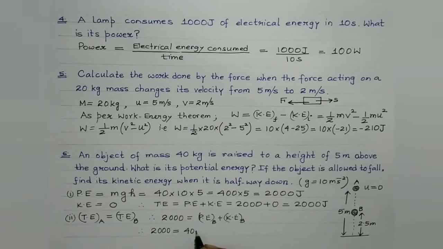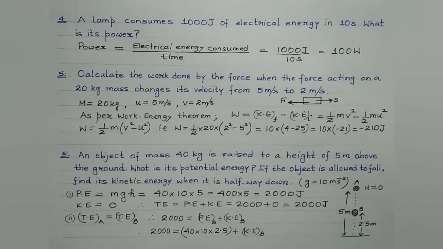Mass is 40, g is taken to be 10, and h is 2.5, plus kinetic energy at point B. So, students, 2000 is equal to, the 10 gets cancelled, 25 times 40 gives 1000, plus kinetic energy at point B.